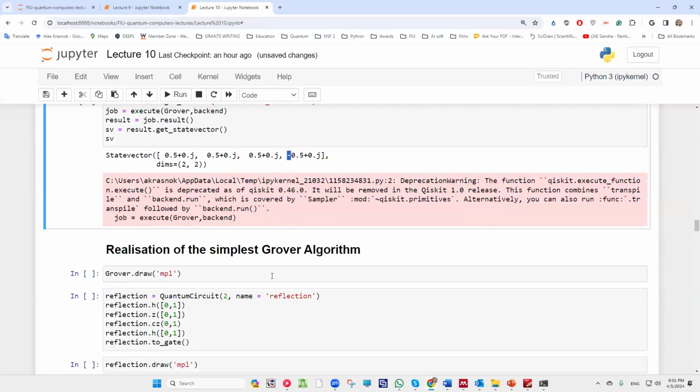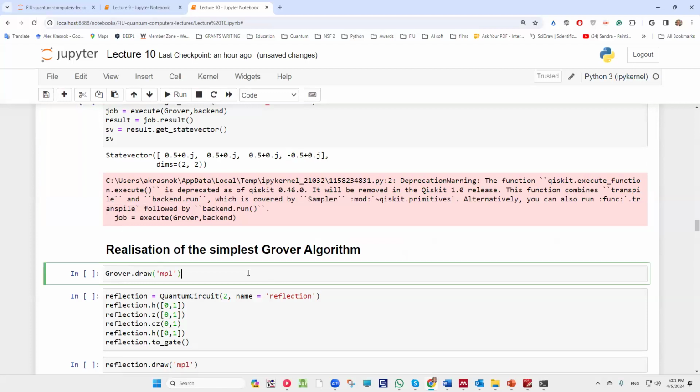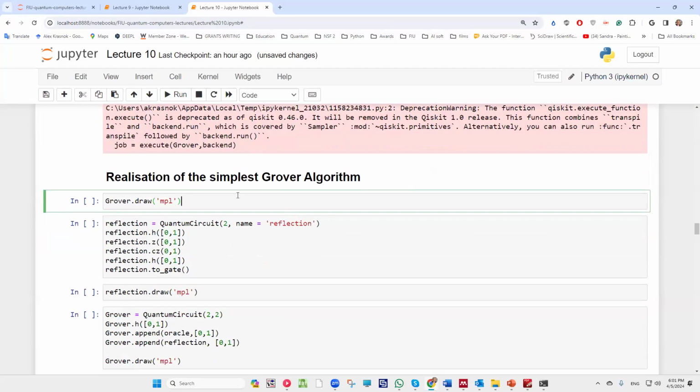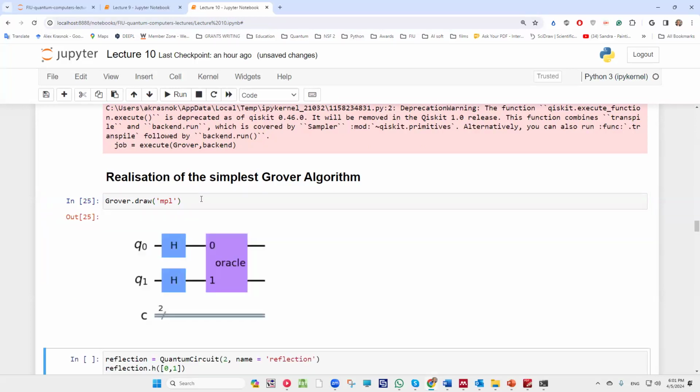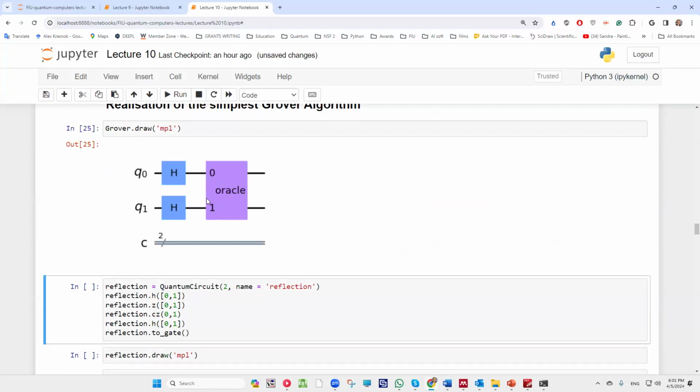So we've got minus, and we're ready to realize the simplest Grover algorithm. Let us draw this circuit again. This is the circuit we start with. What else do we need to amplify the particular state, the state 1, 1?